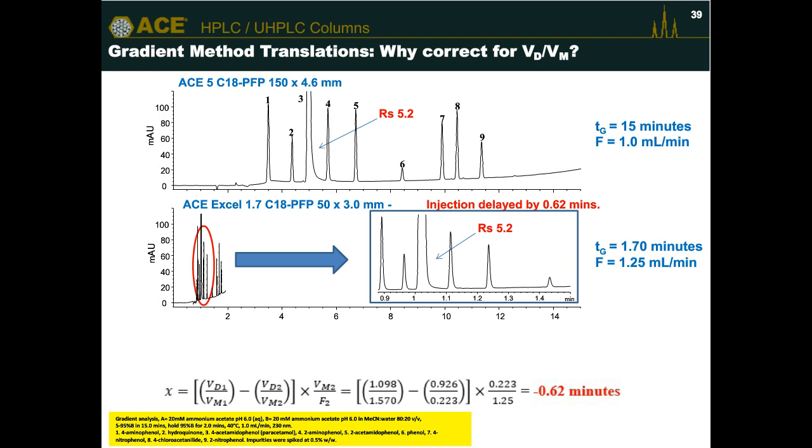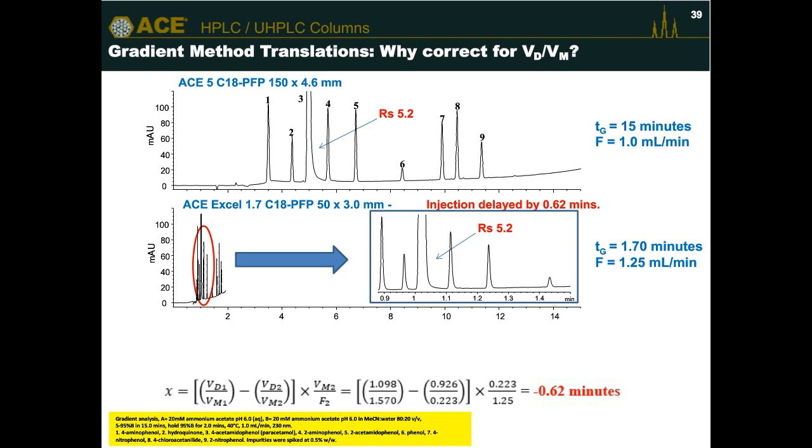So this tells you that the column has actually been run on a different instrument. You can see that by the different dwell volumes stated as VD1 and VD2. But the ratio of the first system dwell volume over the column volume, less the new system dwell volume and the new column volume, is a mismatch.